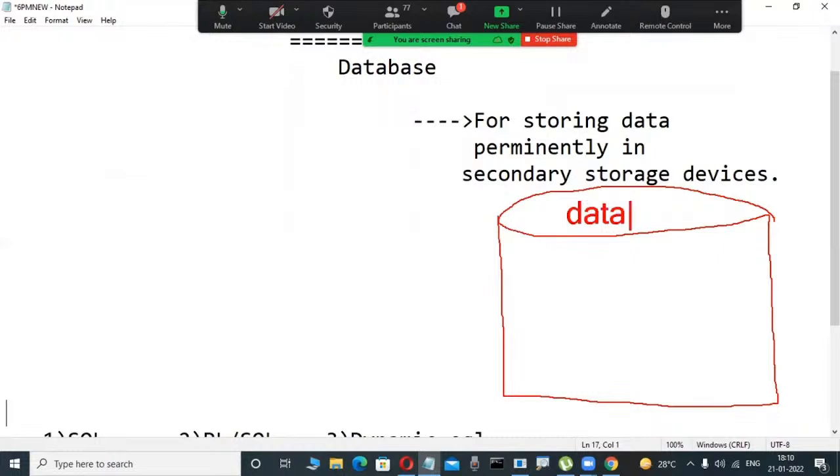Yesterday I told you, suppose this is an Oracle database. A database means some place where we store a structured collection of data in an organized fashion. Actually, E. F. Codd introduced this relational data model concept, and based on that, these databases are implemented in different companies.